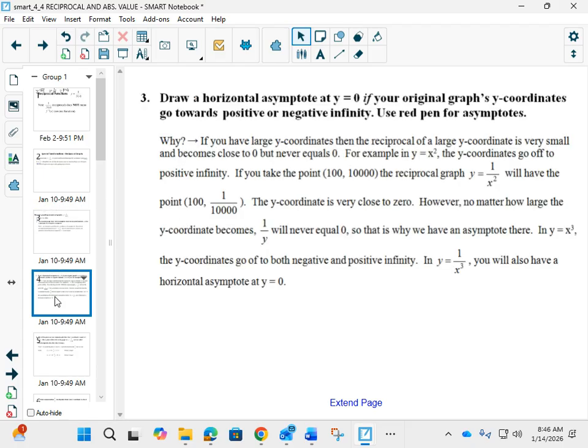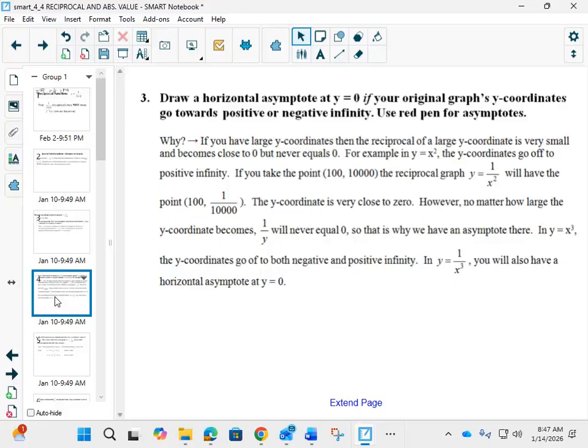In chapter 2, with your rational graphs, you had 3 things to look for to find out if there's going to be horizontal asymptotes or oblique asymptotes. So a quick review of that. If the degree was bigger in your numerator than your denominator and you didn't cancel out to get a whole, that was an oblique asymptote.